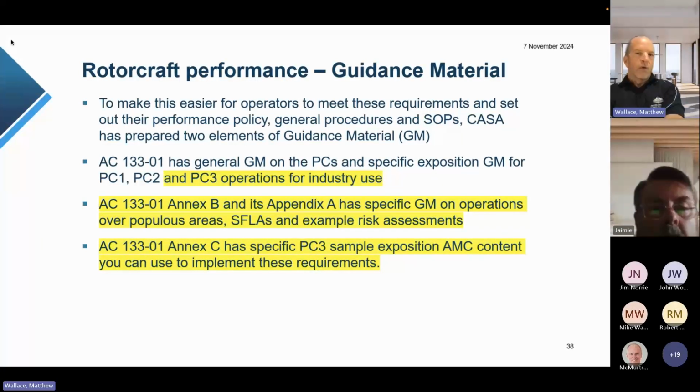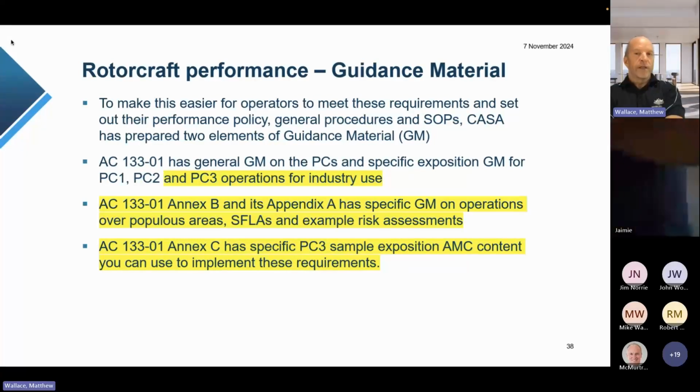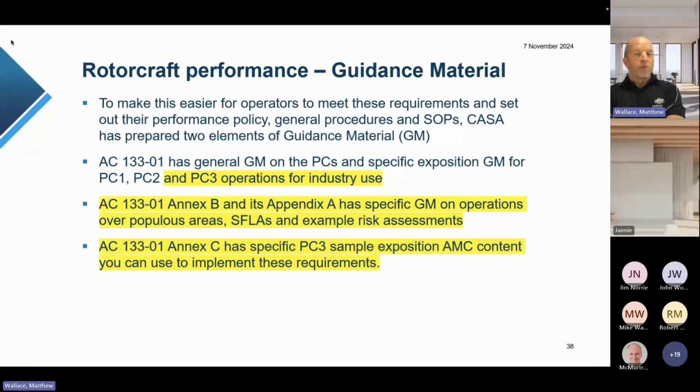There is also a 133 standard operations manual, which is in the process of being developed at the moment. It will be a complete operations manual, and it will have the information associated with PC3. We just don't have a release date for that at the moment, but there's plenty of material you can lift and drop straight into your ops manual just relating to PC3.